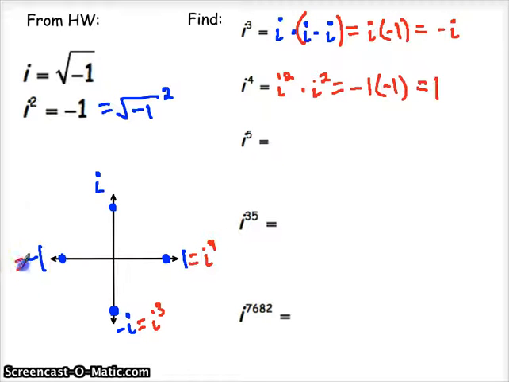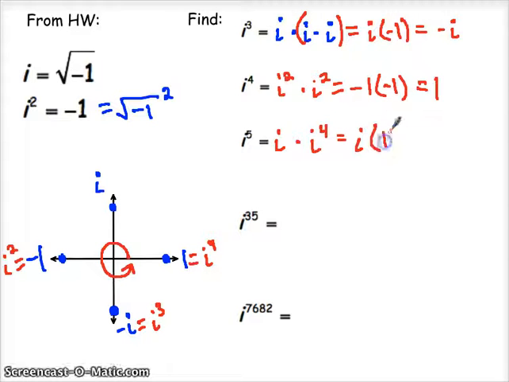And if we go back over here and label our i squared, notice that at the top of our graph we've got i, then we have i squared, i to the third, and i to the fourth traveling around our circle in a cycle. i to the fifth is really i times i to the fourth, so i times +1, or just i, which takes us back again to the beginning of our cycle, or to the first step if you want to look at it that way. i to the first and i to the fifth are the same thing.